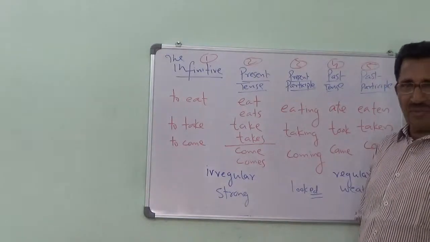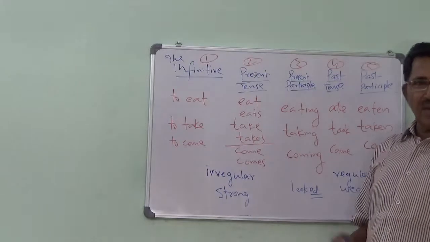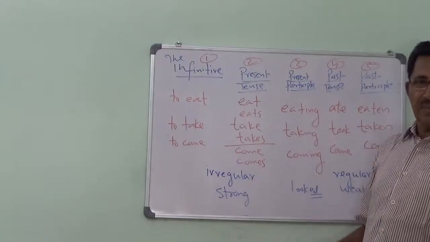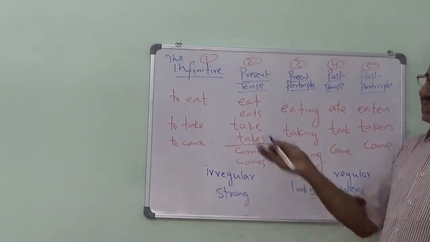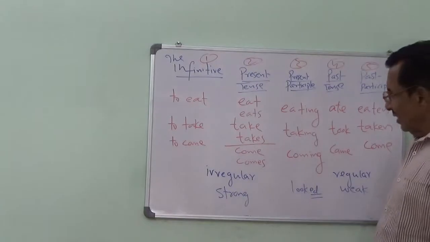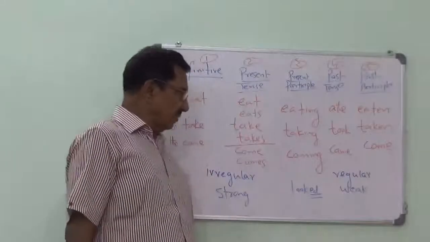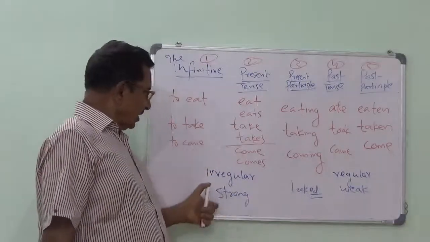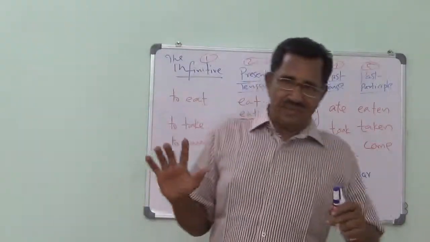There is no problem at all. Only there will be some changes in spelling. If the word ends in E, then if you are adding ing, the E will be dropped, like in plurals and other areas that we have already seen. But in the case of irregular verbs, they are unpredictable.